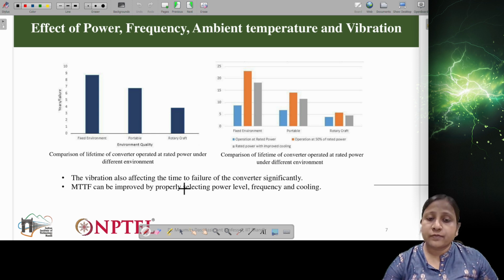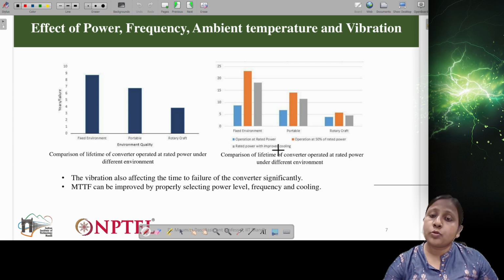The vibration also affects the time of failure of the converter significantly. This MTTF can obviously be improved by properly selecting power level, frequency and cooling. You can see the right-side waveform is with respect to different power levels. Here the blue one is operating at rated power. Operated at 50% rated power, the orange one is much higher.